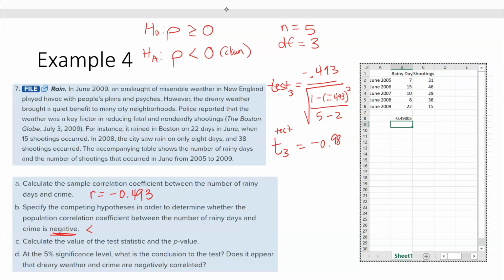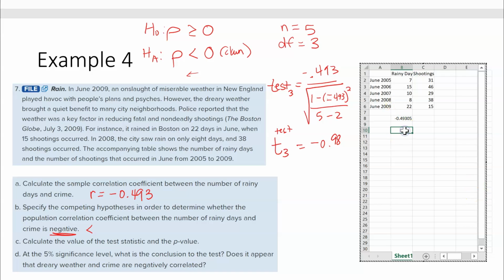Our p-value, all right, so in this case, is a left-tailed test. We've got a left-tailed test because of our alternative hypothesis, right? It's pointing to the left. So we're going to use the t-distribution.